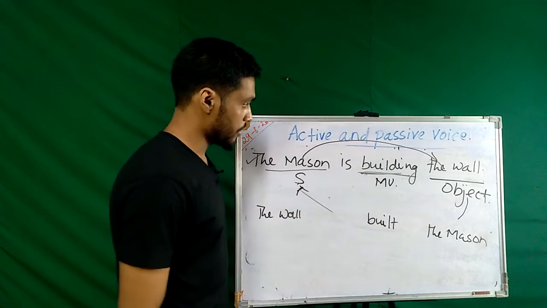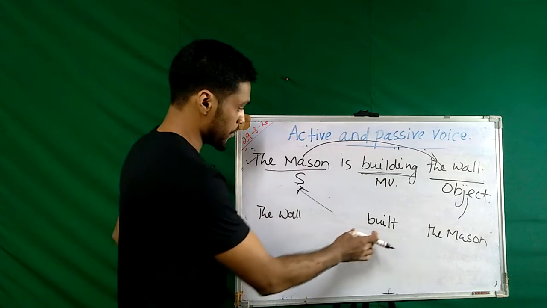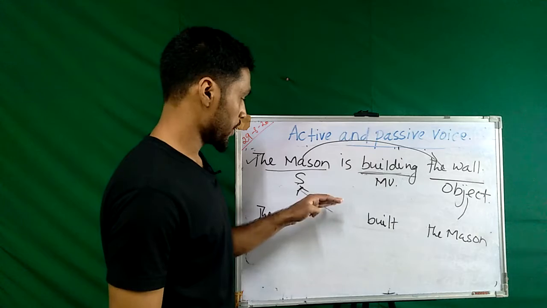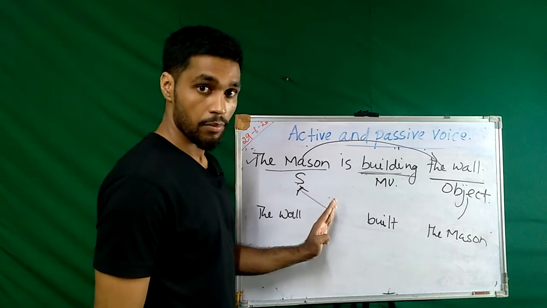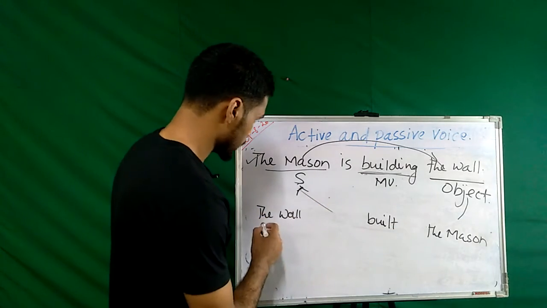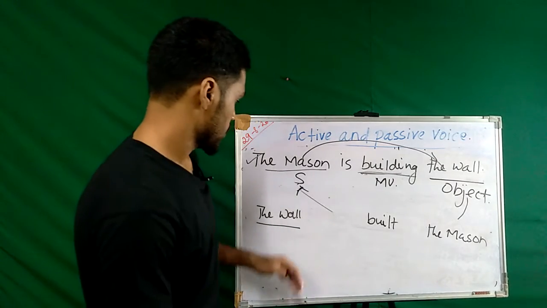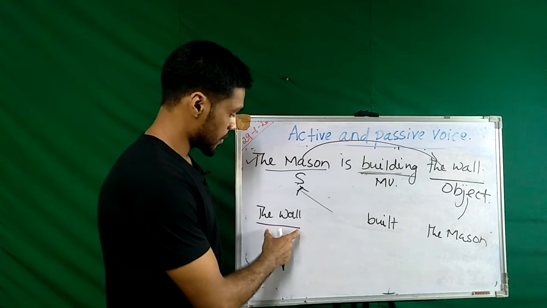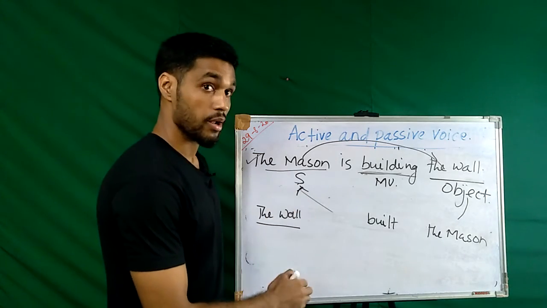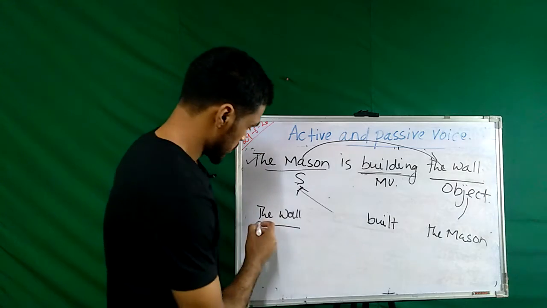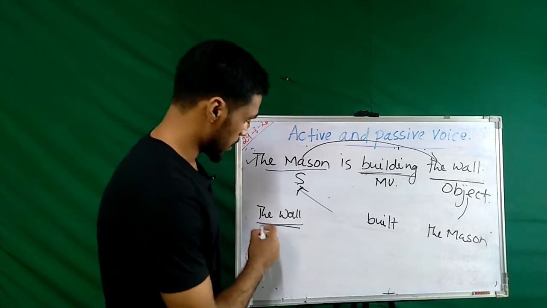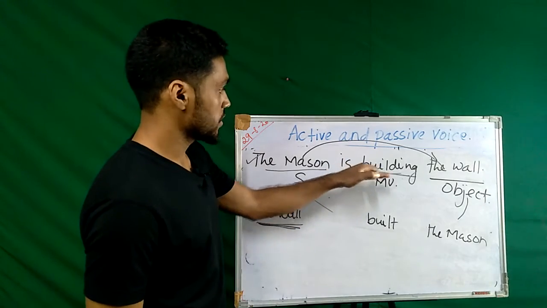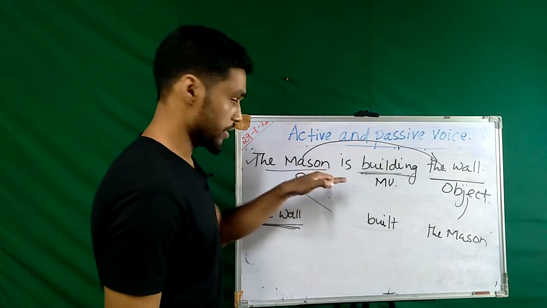And what is the next step that we have? We have to add appropriate helping verb before the main verb. So here the wall, we understand that there is only one wall. Here it is not saying walls, it is saying wall. So this is in singular, and the sentence is in simple present, right?